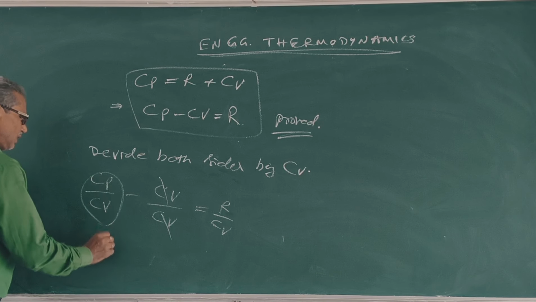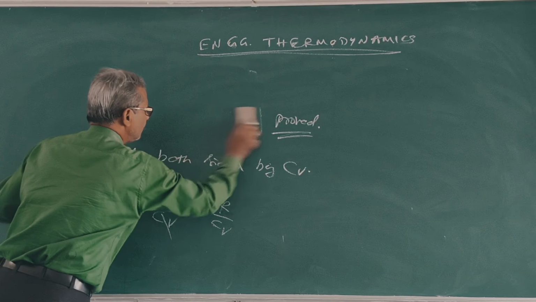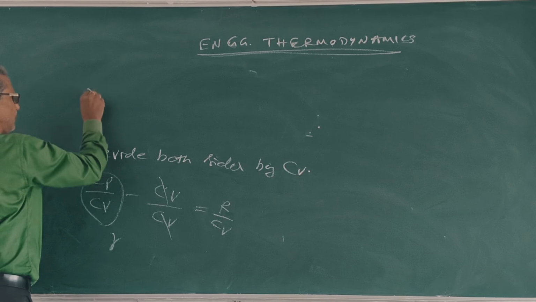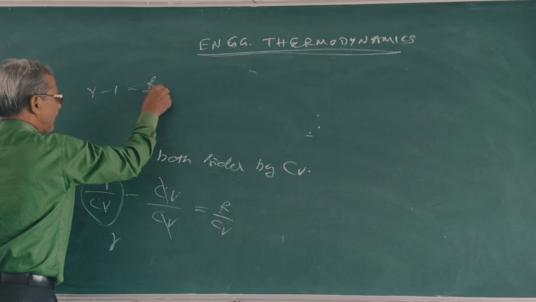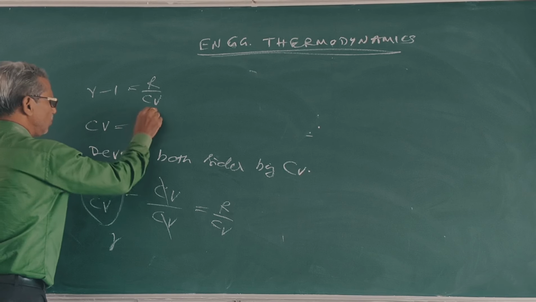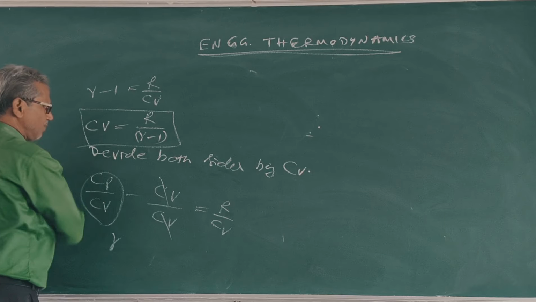What is this? Gamma. So, gamma minus 1 is equal to R by Cv. What is it? Cv is equal to R by gamma minus 1. This is another formula.